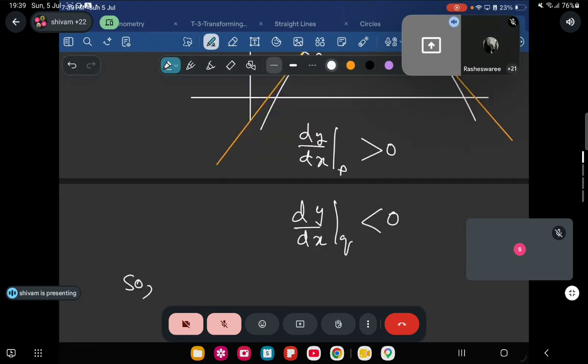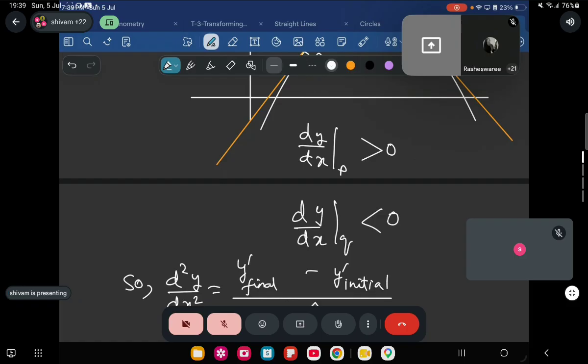So everyone, what is d2y by dx square? d2y by dx square is equal to y dash final minus y dash initial, divided by final minus initial, delta x. So what is y dash final? Positive or negative?